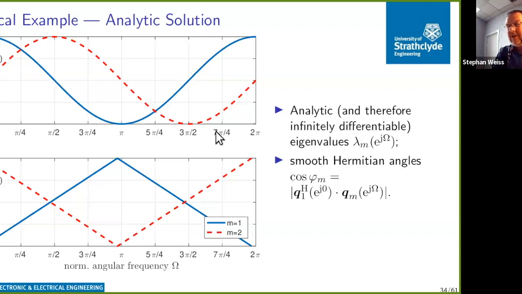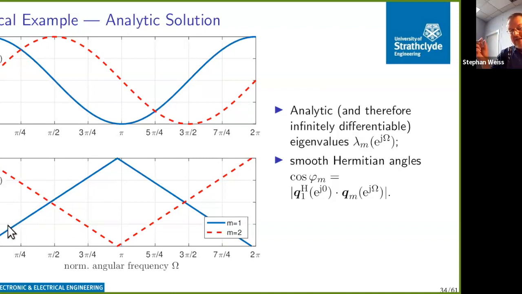In the graph below, that's a little bit trickier. You have a characterization of what's happening with the eigenvectors. What we do is we measure the angle at any frequency between our eigenvector and the reference vector. So this is a Hermitian angle that we measure, and this is what we display here for both the eigenvectors of our matrix.